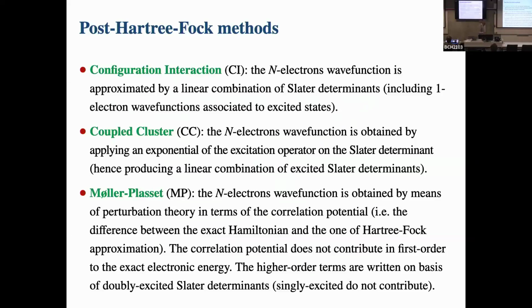So, okay, well, you can say that the reason for that is probably because the approximation that we took for the wave function is not accurate enough. And so there are a number of methods that consist in trying to improve the quality of the wave function. One way to do that: we assumed that the wave function was just one Slater determinant.